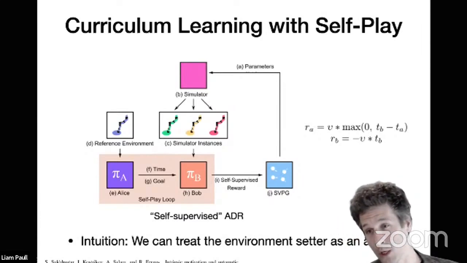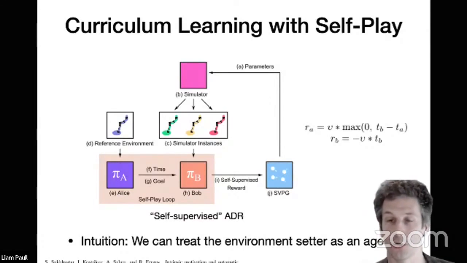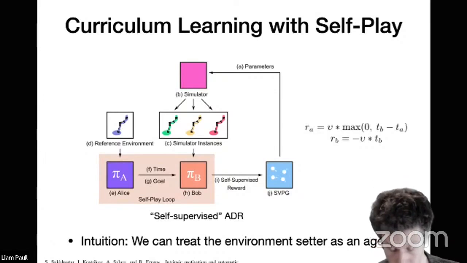This is enforced through the TB minus TA function in Alice's reward. Now I think this kind of idea has the potential to explicitly enforce a curriculum that guides the learner in a way that is more intuitive than what might be generated by the discriminator.